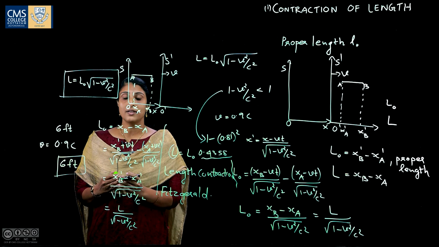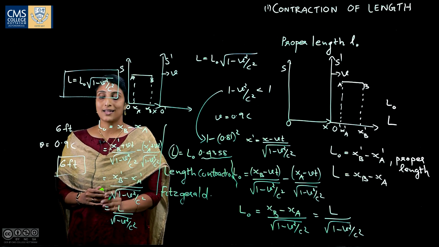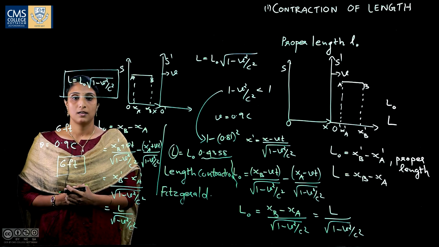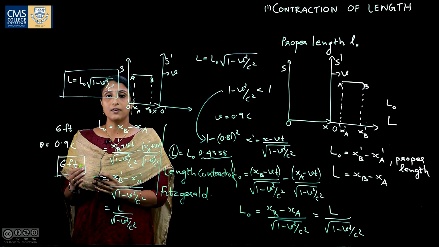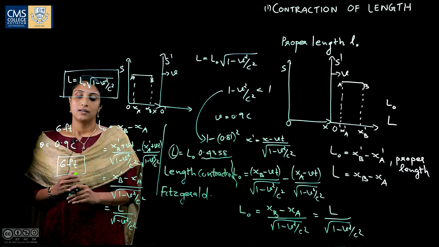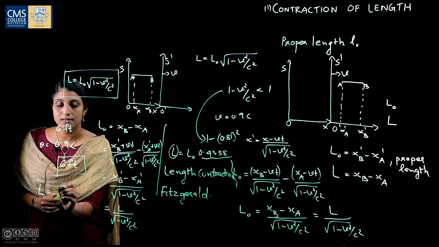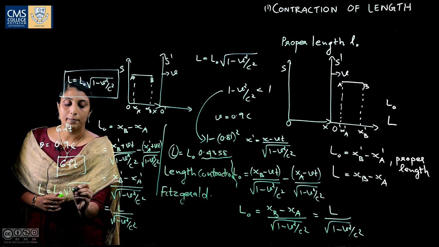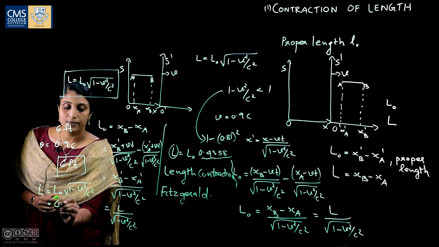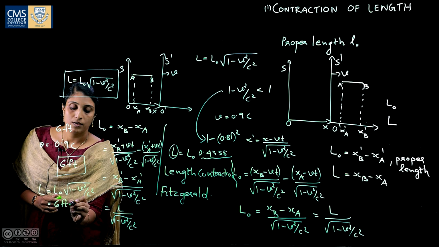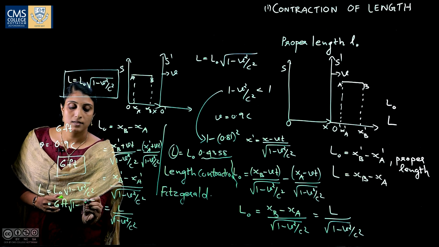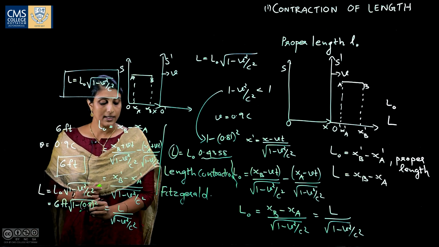So, for an observer in the spacecraft, his height is the same, 6 feet. But for an observer on the earth, we have to find the relative length. That is, the relative length is L0 into root of 1 minus V square by C square. L0 is 6 feet into root of 1 minus 0.9 the whole square.